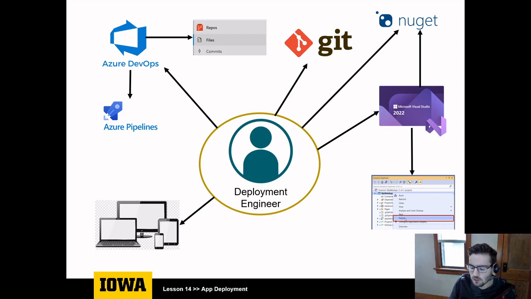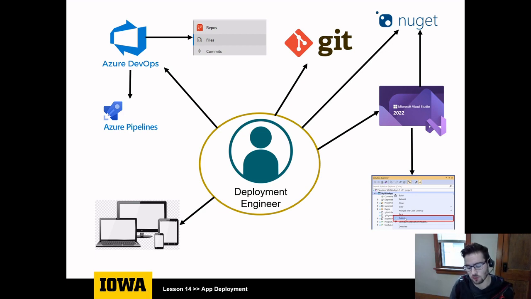And even though a deployment engineer might not care about particular coding details, they still care where the code is located. The code is what makes the software. So they care about Git, they care about third-party libraries and NuGet, because our software is going to be dependent on those libraries. They care about, I guess the new thing here that they care about is Azure Pipelines.